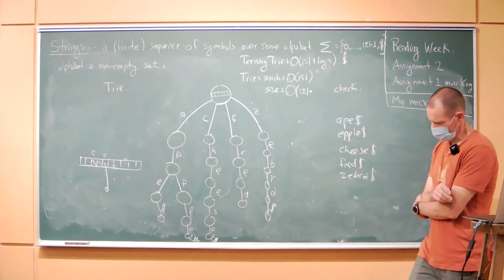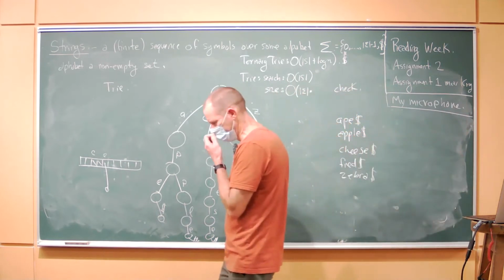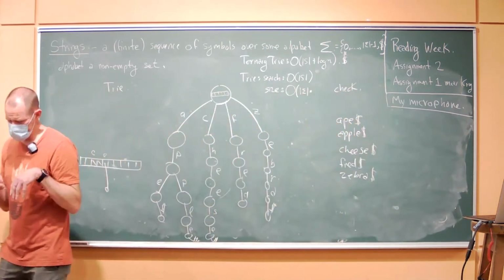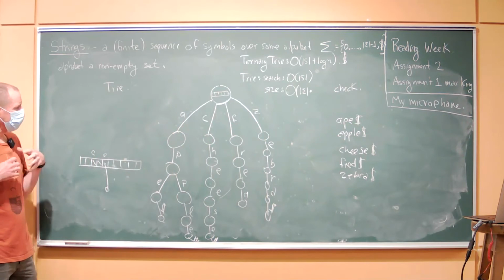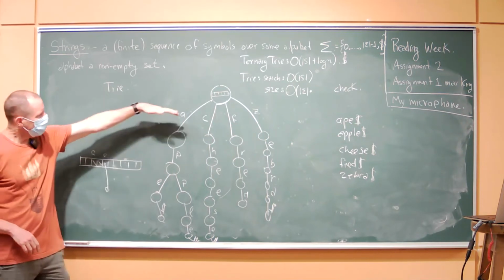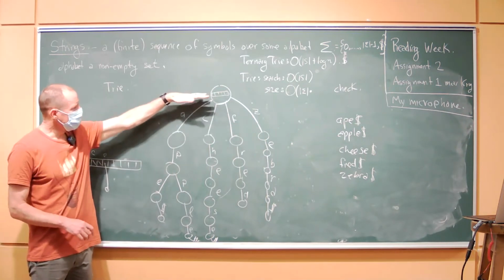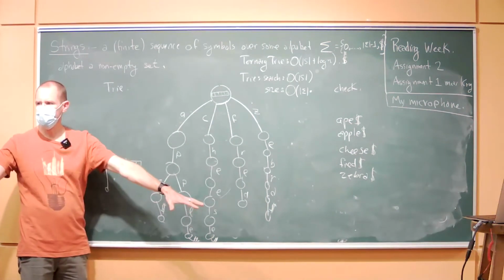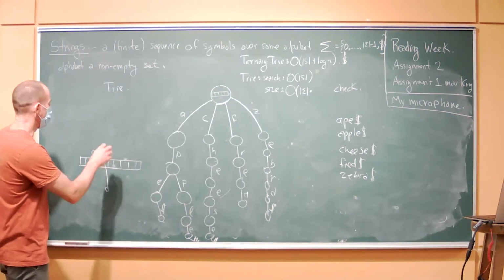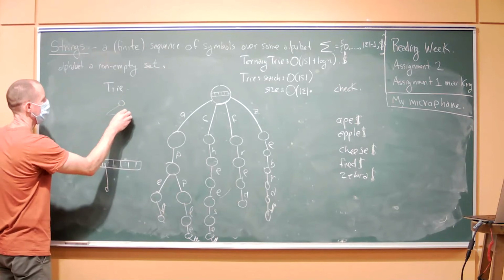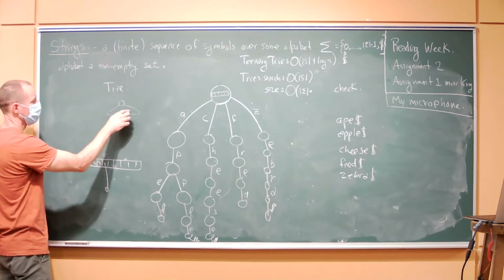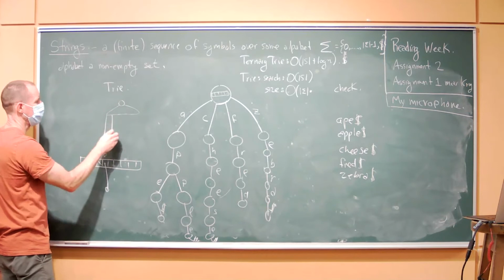And actually, if you think about it a little bit more, you realize that if you have a big set of strings, very quickly they can all sort of diverge. And then what you get is this ugly looking thing where all the strings share some nodes up here, but then it's just long tails hanging off.